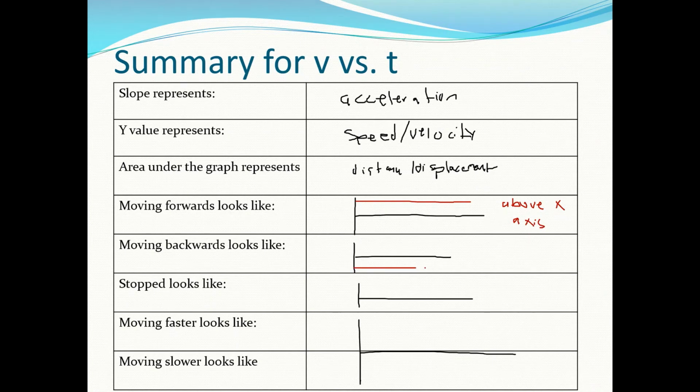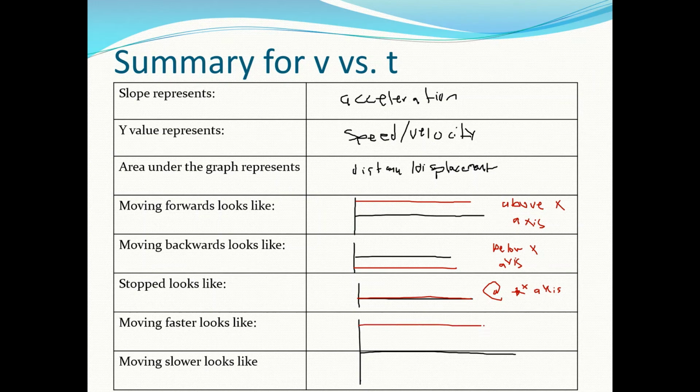Moving backwards is down here, which is below x-axis. Stopped means you're at the x, sorry for the messy writing, axis. I have to do it with my mouse because I don't have a stylus or anything, so this is the best I can do. And this is not a plus, this is the x-axis.